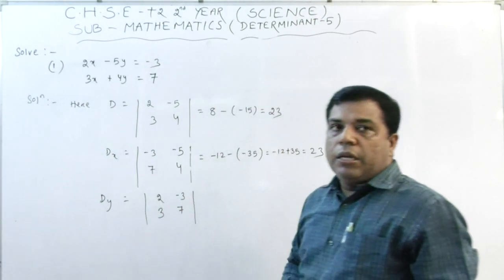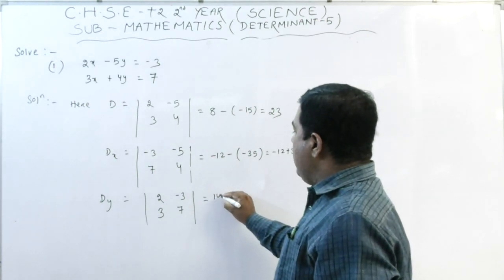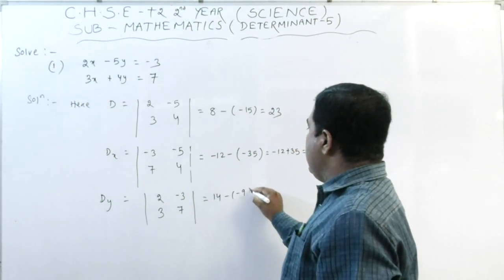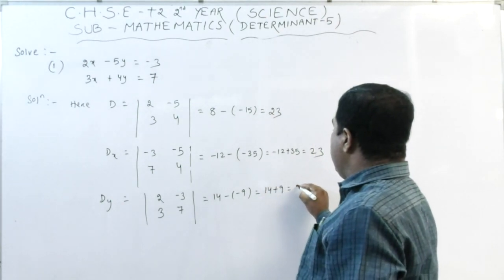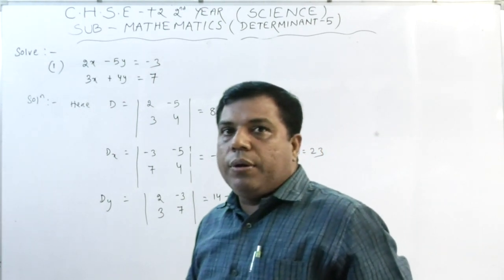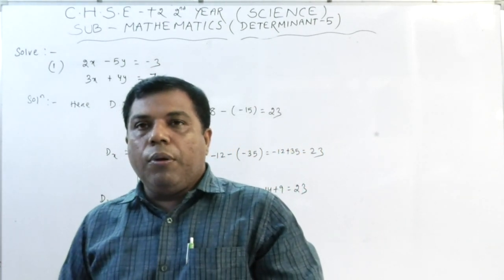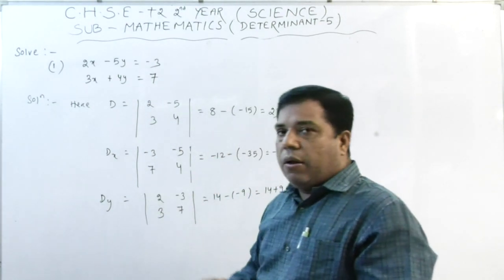So you can find the value also. It is 14 minus of minus 9, so you can say it is 14 plus 9, that is 23. So in this way we are able to get the value of d, dx, and dy.